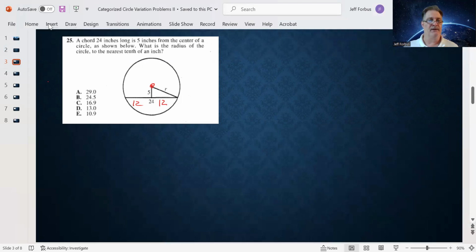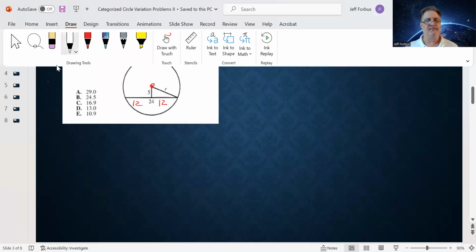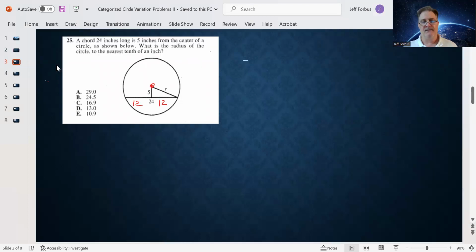So let me change my pen tip back to white. With that being said, we can use a² + b² = c², the Pythagorean theorem, to figure out r. So this would be 5² + 12² = c², and c is going to be our r value.